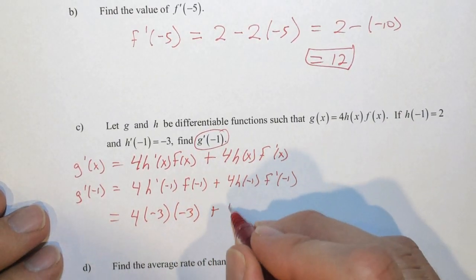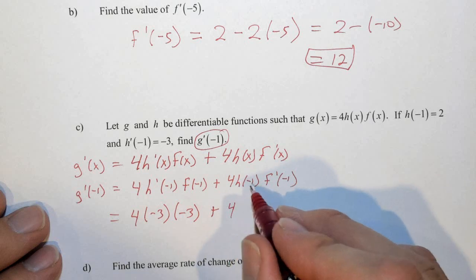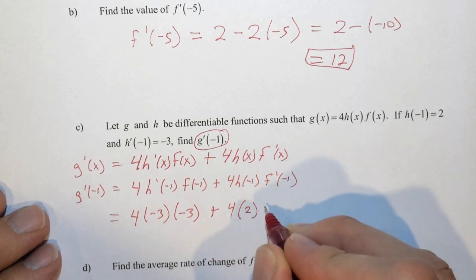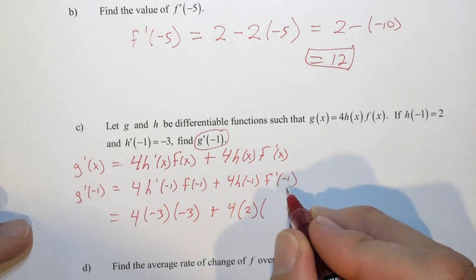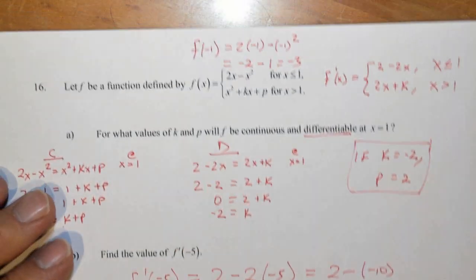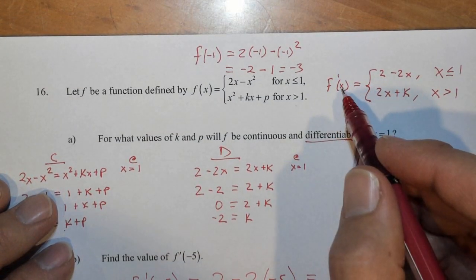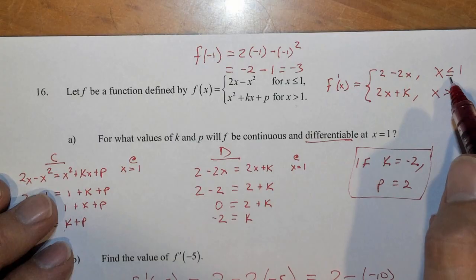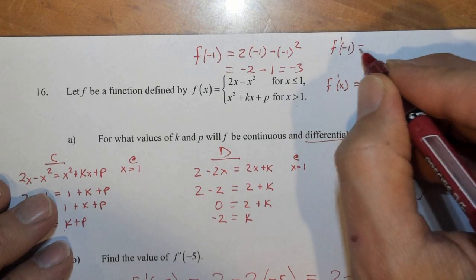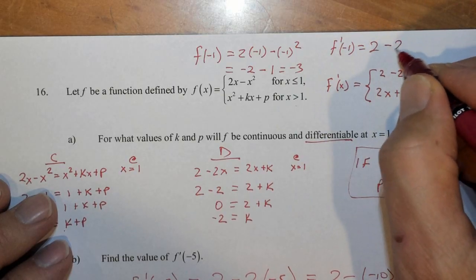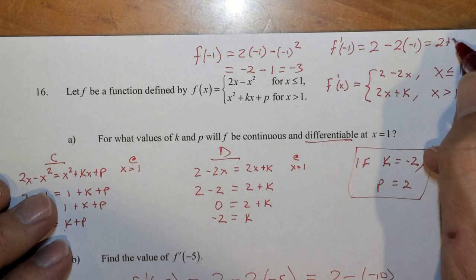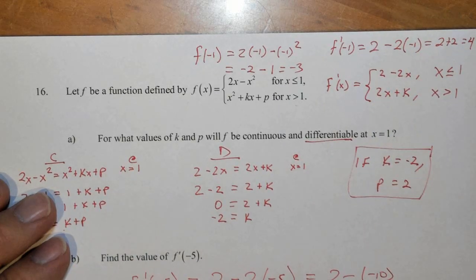Plus, keep the 4. Now we want h of negative 1, which is 2, times f prime of negative 1. Okay, we need f prime of negative 1. Back up here. Here's f prime of x. Negative 1 is less than or equal to 1, so we're going to use the top piece. So f prime of negative 1 will be 2 minus 2 times negative 1, which is 2 plus 2, or 4.